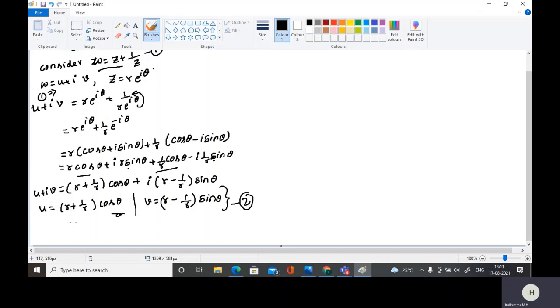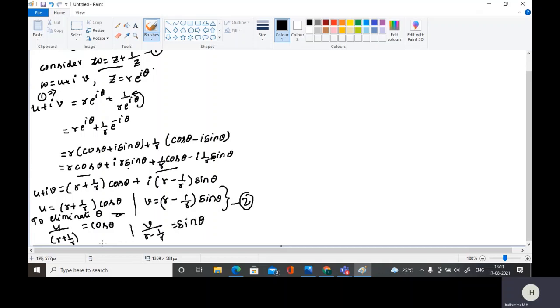To eliminate theta, I will rewrite the system of equation 2 as u by (r plus 1 by r) is equal to cos theta, and v by (r minus 1 by r) is equal to sin theta.